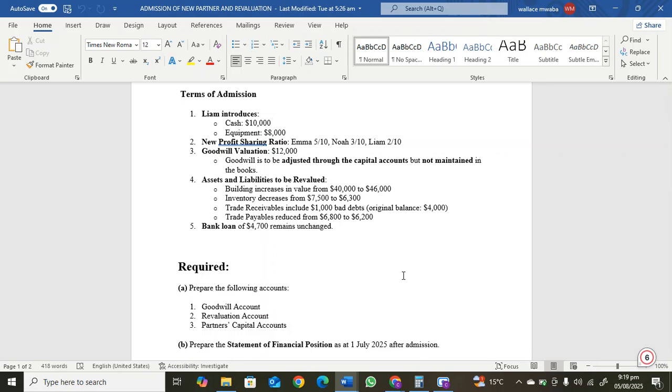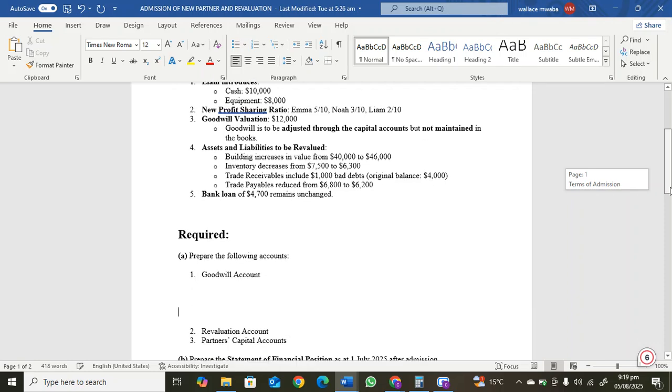So when you're opening up the goodwill account, first thing, remember goodwill is an asset account, so it increases with the debit. So you're going to debit the goodwill account 12,000.